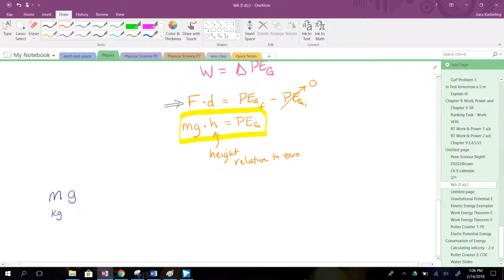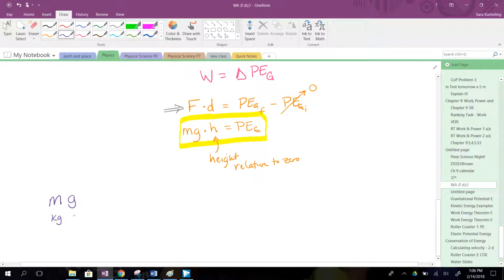I did, I guess, on that one problem because it said so, but g is going to be that negative 9.8, right? I'm not going to use the negative sign, actually. Wait, what about the negative? We're going to ignore the negative for now. We'll talk about what that means in a minute. That's meters per second squared. Everybody good with that? And then h is going to be measured in what kind of units do you think? It is height, measured in meters.